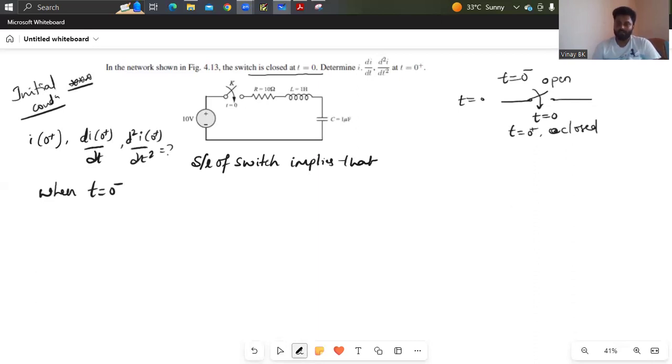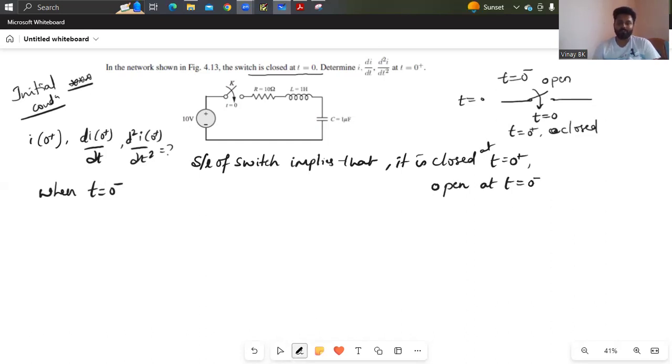It is closed, that is nothing but the switch is closed at t equals 0 plus. And it is open at t equals 0 minus.